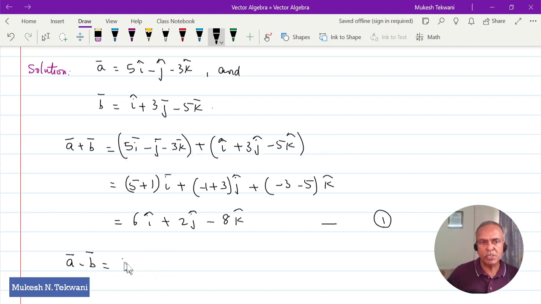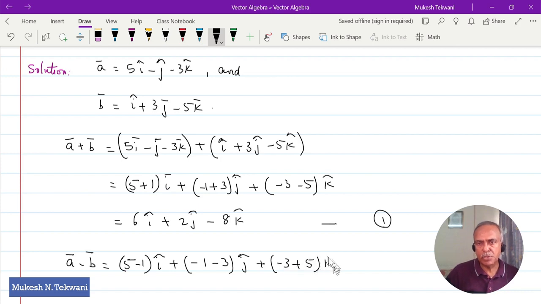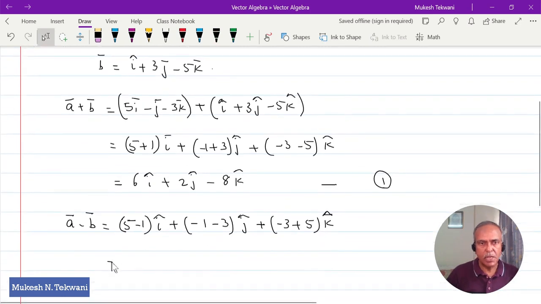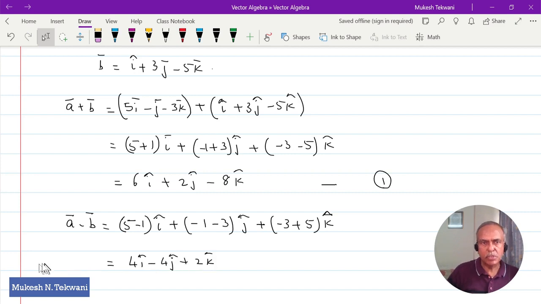So the x components will be subtracted, so we'll get 5 minus 1 into i, then we'll have minus 1 minus 3 into j, and then we'll have minus 3 plus 5 into vector k, and that is equal to 4i minus 4j and plus 2k. So that is vector A minus B. So this is my vector A plus B, this is the vector A minus B.